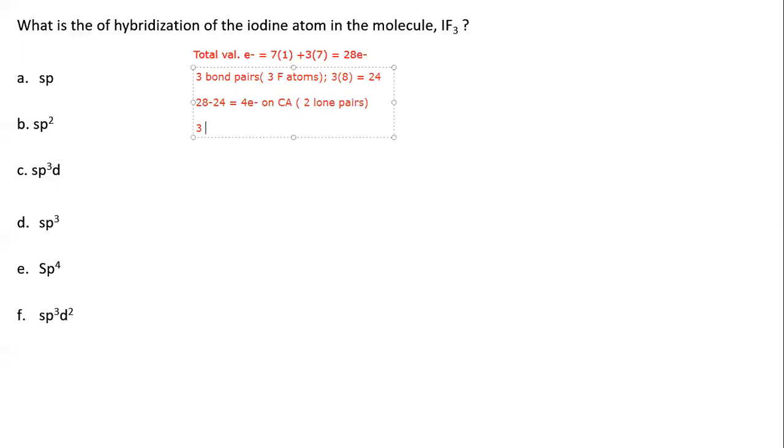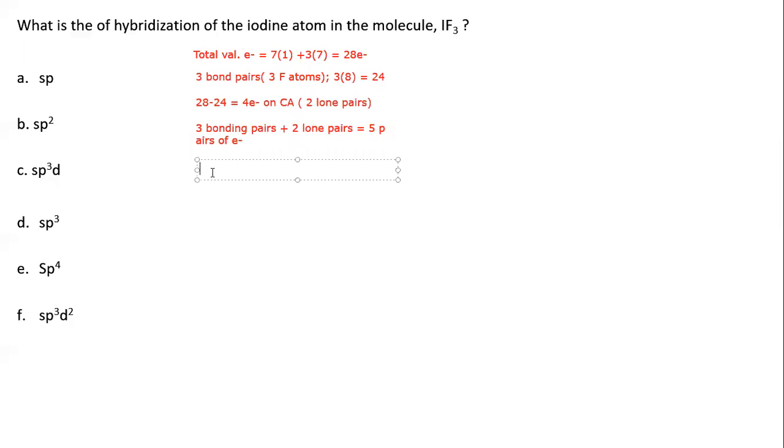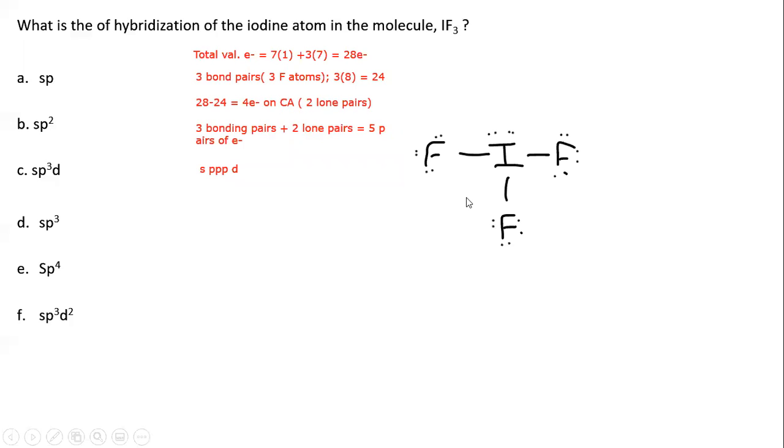Here we have 3 bonding pairs plus 2 lone pairs equals 5. So this would have 5 pairs of electrons. If you count 5, we start here, we go S, P, P, P, that's 4, D. This would be sp3d hybridization. Now, if you don't like the mathematical way, you can draw the Lewis structure.